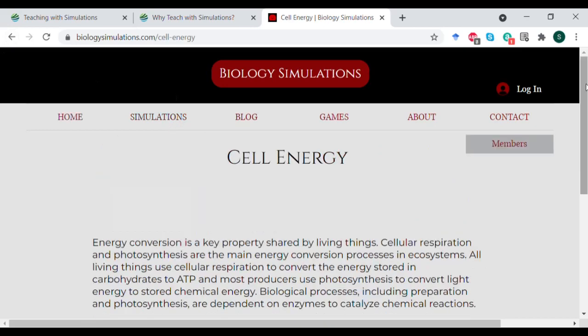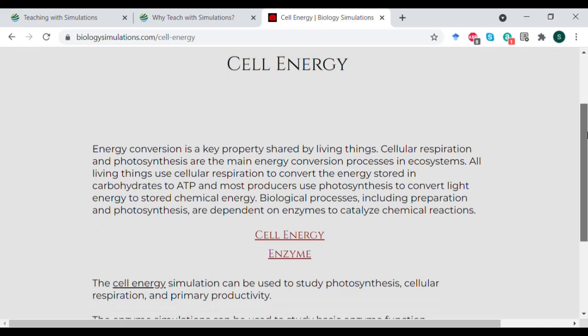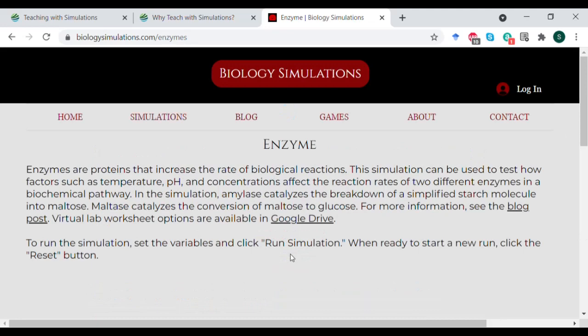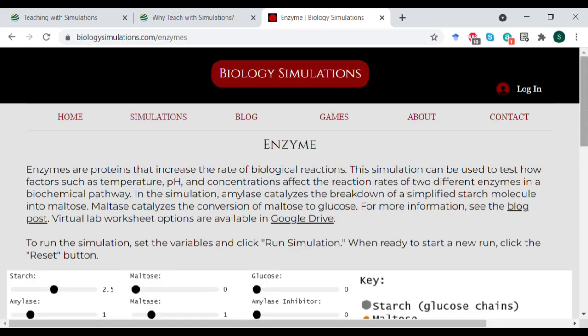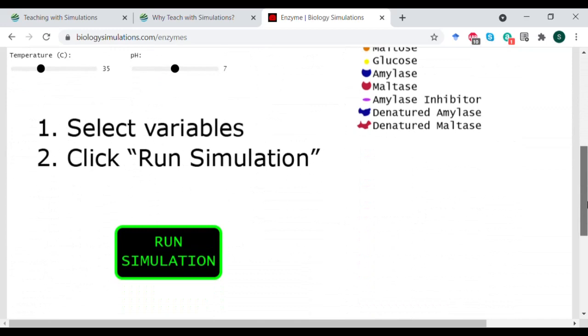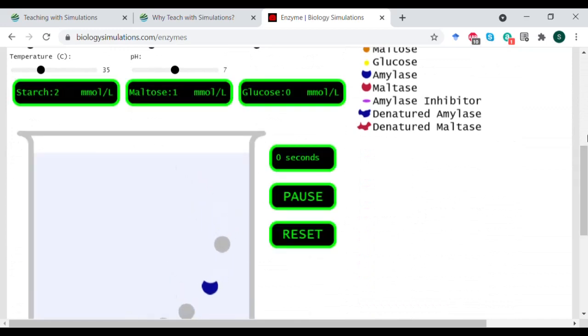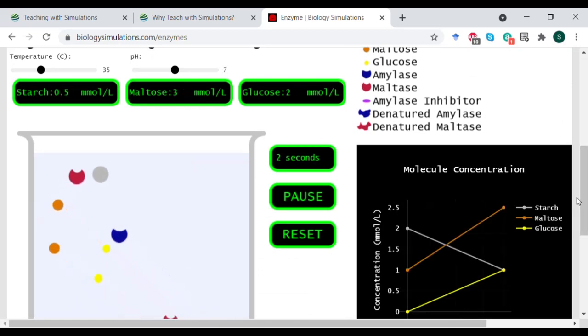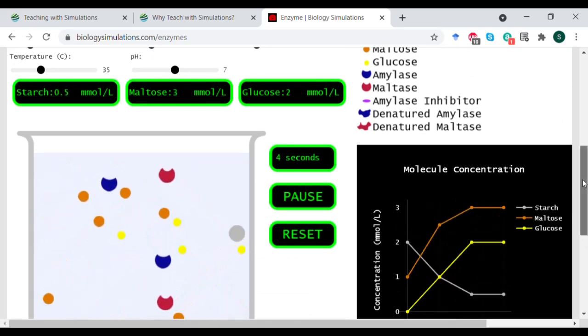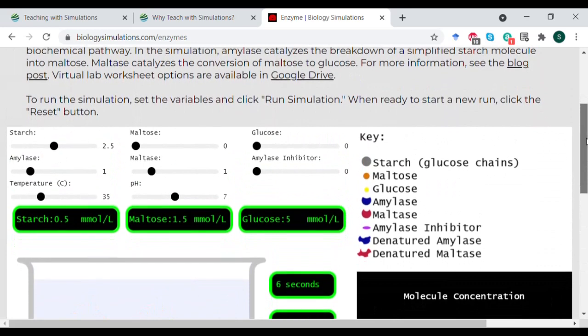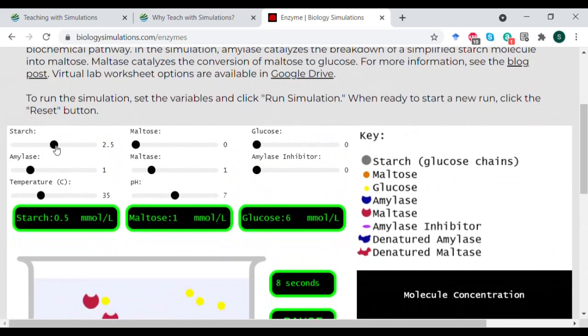Here I'm looking at the one for cell energy, and you can look at photosynthesis as a biological process. I've clicked here on the one on enzymes, and you can play around with the different types of variables, such as the amount of glucose, the amount of enzymes, and so on. And it will show you what is happening at a molecular level in terms of the different molecules.